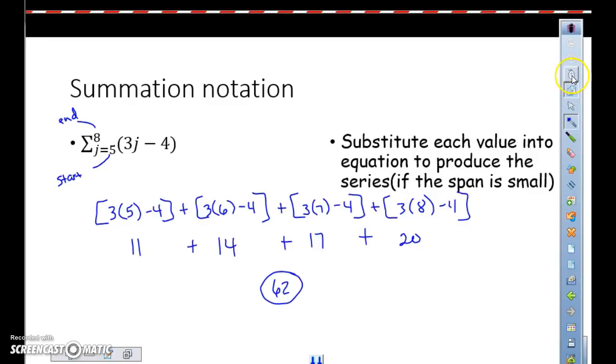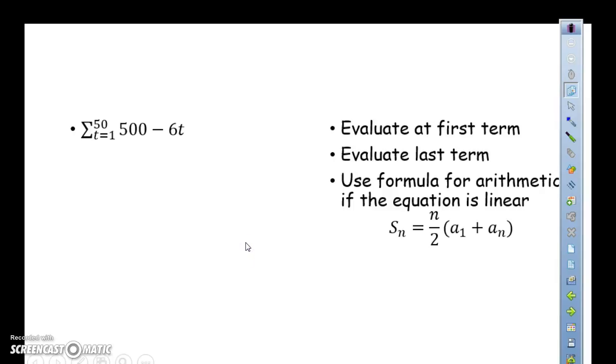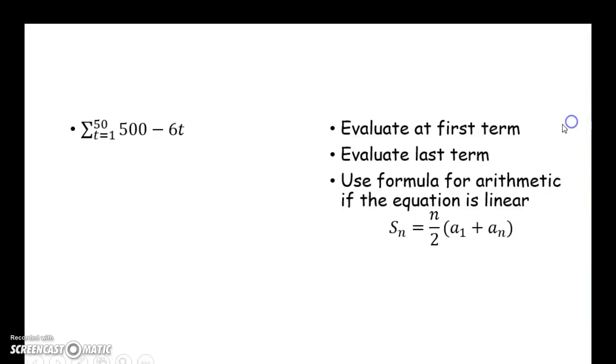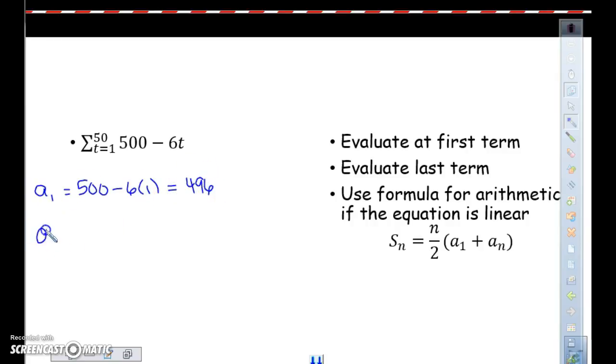So what if the span between the start and the end value is really large? That's what we're going to have to look at. If that's the case, you're going to evaluate the first term and the last term, and then we're going to use the formula that we just learned today. So if we put in the first term, we're going to start with 1. And then the last term is going to be at 50.